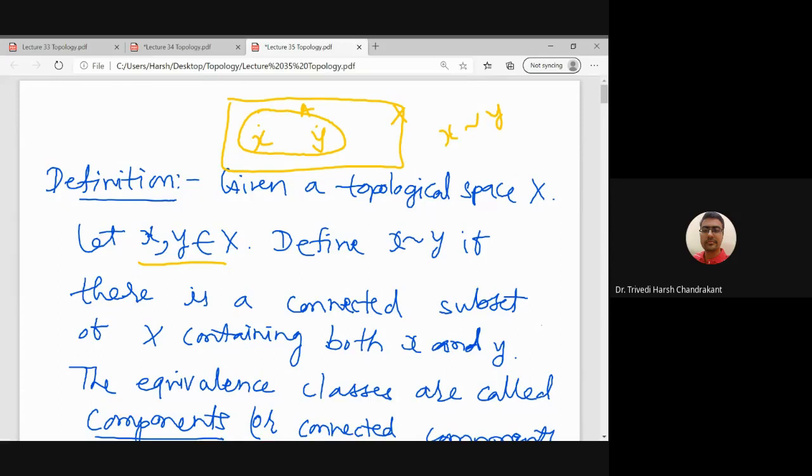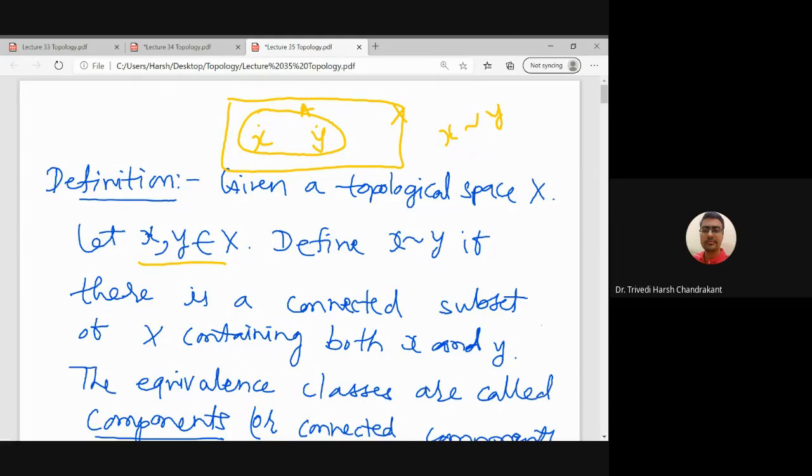So this is a relation. In fact, you can easily check that if x belongs to A, then x is related to x, right? Because if x is in A, then x is also in A, so it is reflexive. Similarly, if x is related to y, that means x and y both belong to the connected subset of X. So y and x also belong to that particular connected subset, so it is symmetric also.